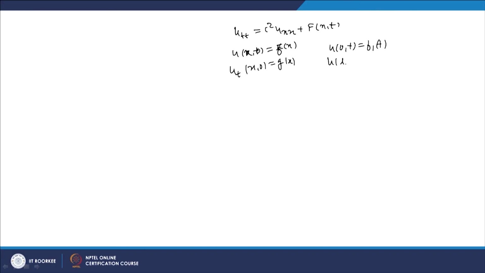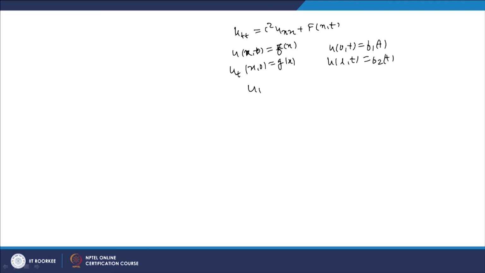If you look here, our problem is u tt equal to c square u xx plus f of x, t, with u of x, 0 equal to f of x, u t of x, 0 equal to g of x, u of 0, t equal to f1 of t, and u of l, t equal to f2 of t. Now let us say u1 and u2 are two solutions.